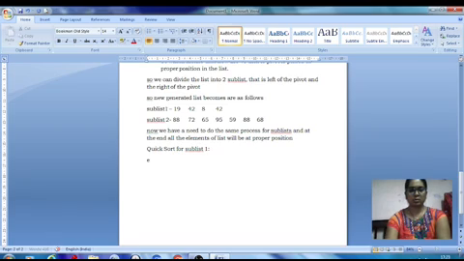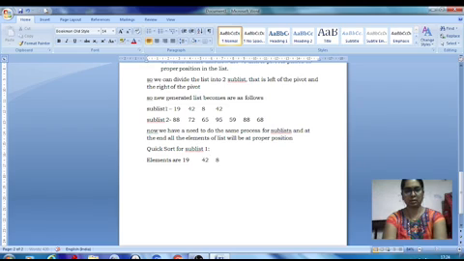So the elements are 19, then 29, then 8, then 42. Sorry, it's not 42, it's 29, then 8, then 42.